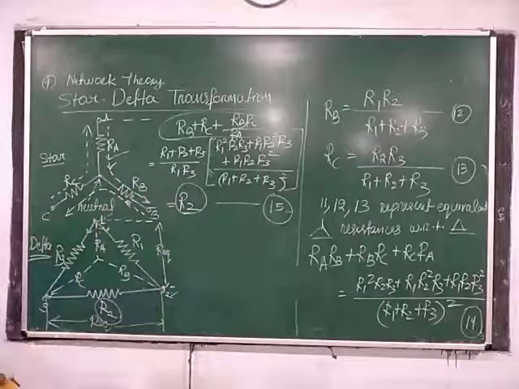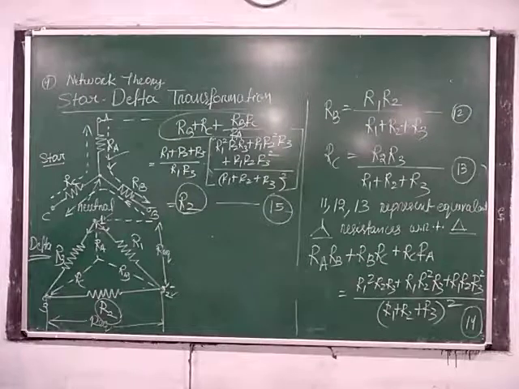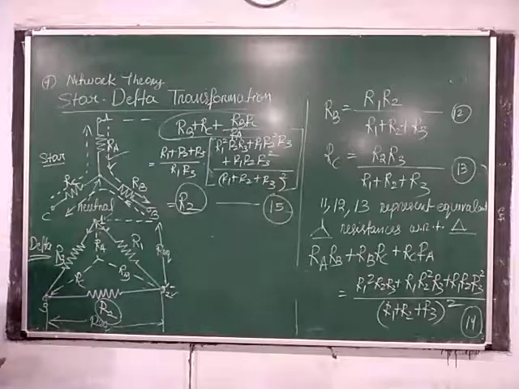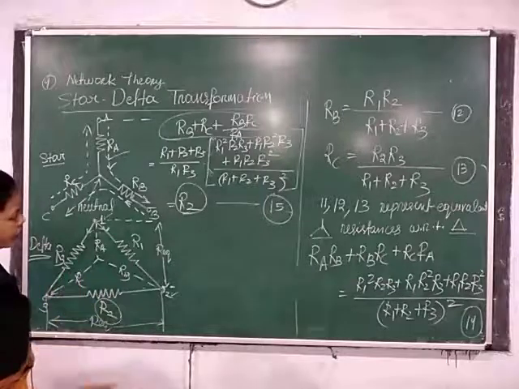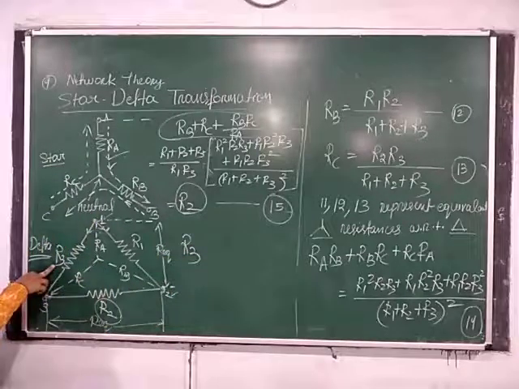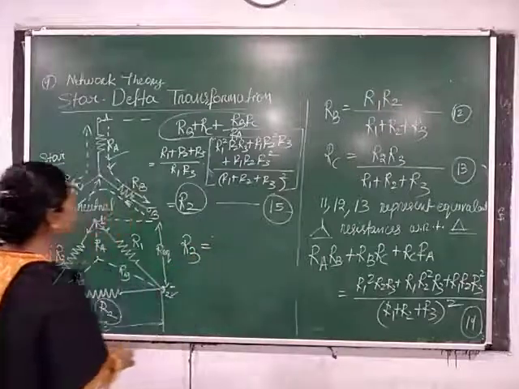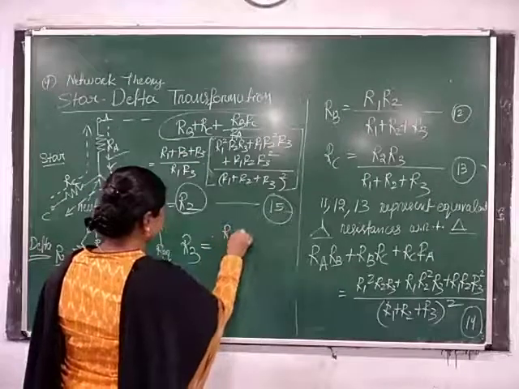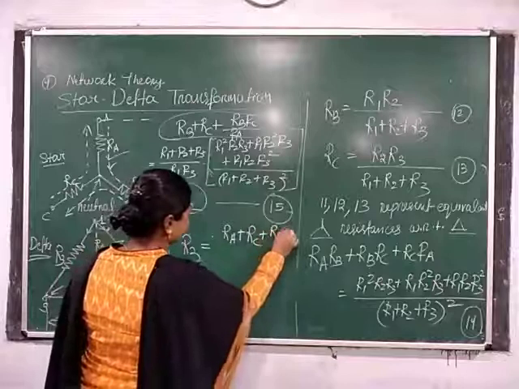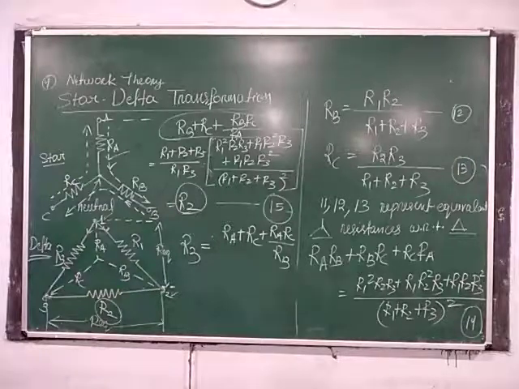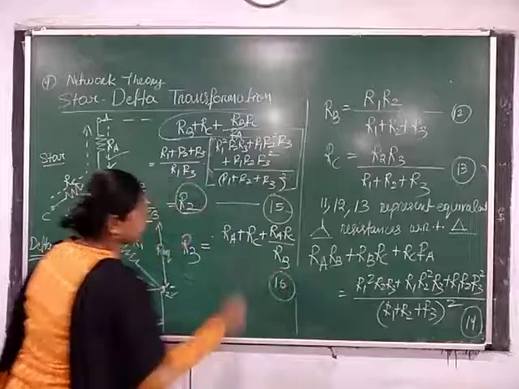Similarly, if you divide by RB in equation 14 and put its value in the right hand side of equation 14, you get R3, this resistance. Take it as equation number 16.